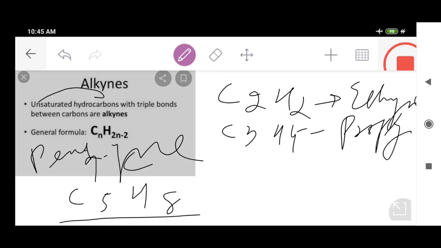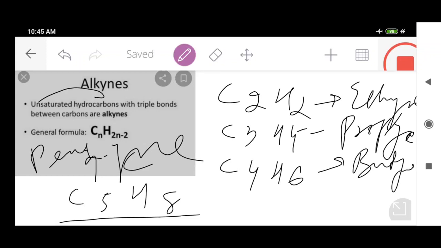Another member was C4H6, that was butyne. Another member is C5H8, called pentyne.